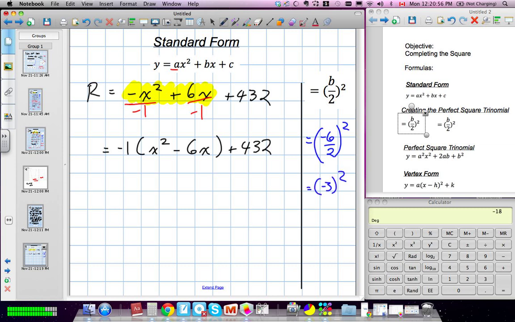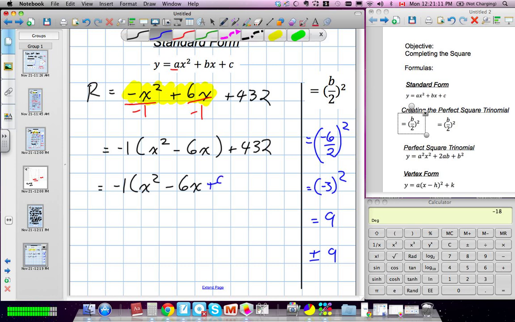So our next line reads negative 1, x squared minus 6x plus 9 minus 9, plus 432. Remember, the negative needs to come to the outside, and when I take it to the outside, it needs to be multiplied by the front term, the term we factored out, which is negative 1.